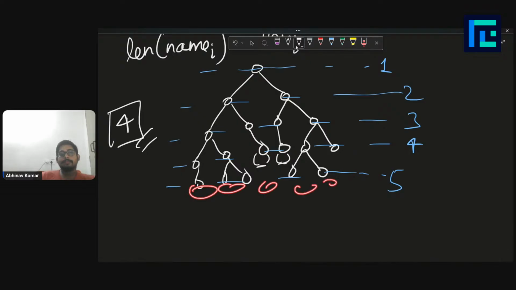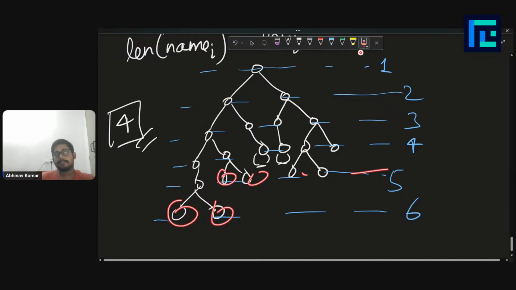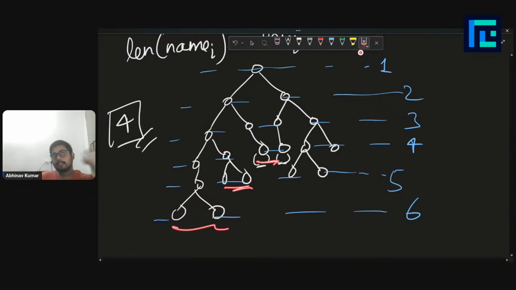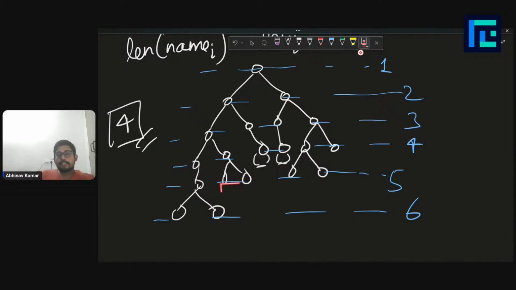Even if we have more, say two leaves at depth 6 and these at depth 5, they would have lengths 5, 6, 7. But if any of them has a subsequence of length 5 which is the same as this, it would form an LCS of size 5. And what is the subsequence that it would have? What would be its name?